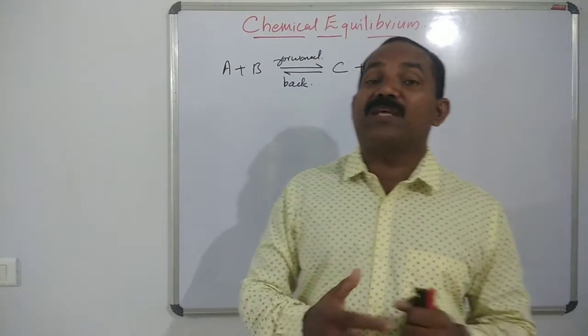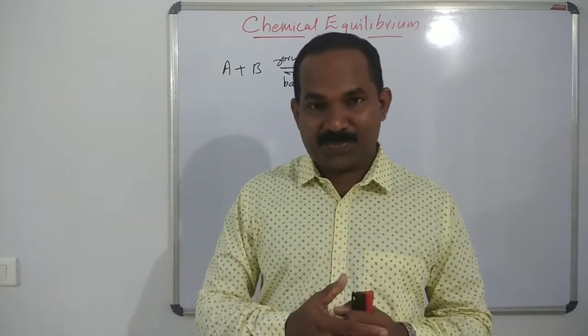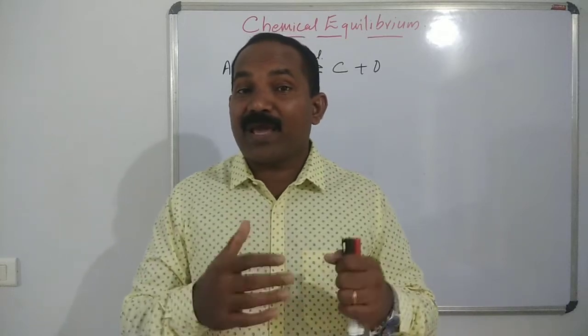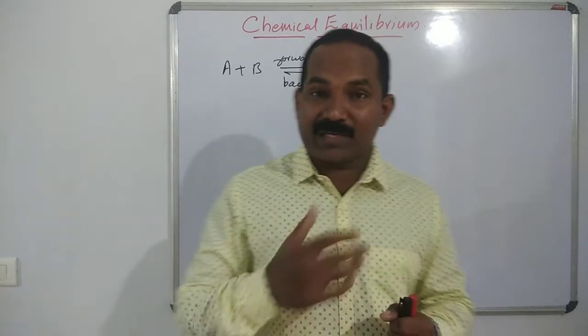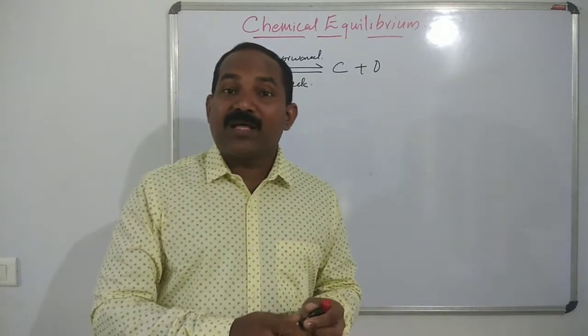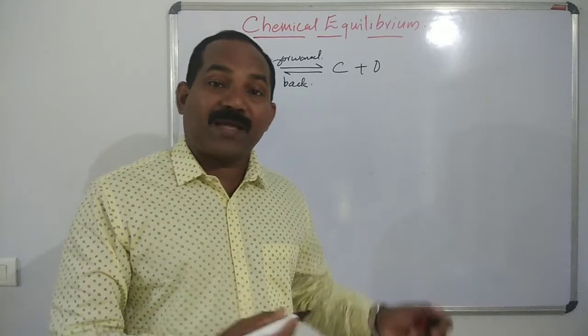An equilibrium state is reached, or an equilibrium is established. Initially, the concentration of A and B is maximum, isn't it? Before starting the reaction, the amount of A and B is maximum.